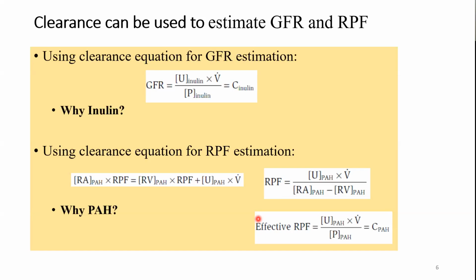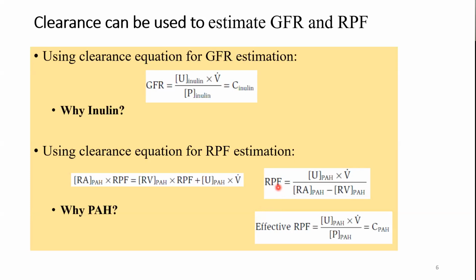So who will calculate that fraction of renal plasma flow? Well, you can't, because you are focused on the nephron. That is where the difference is. When you say simple renal plasma flow or actual renal plasma flow, you basically are saying everything.